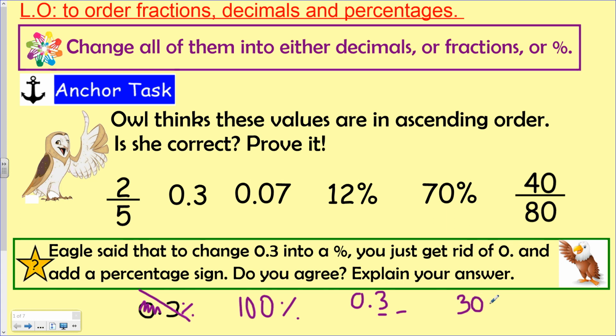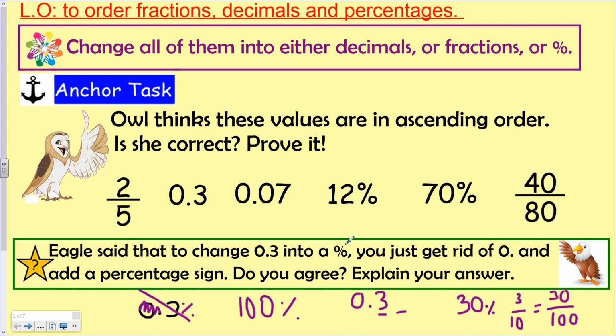We also know that because it's the same as 3/10. It's equivalent to 3/10, which is equivalent to 30 hundredths. And we know that percent means out of 100, okay? So 30 hundredths is the same as 0.3. 3/10 is the same as 0.3. Therefore, it must be 30%.